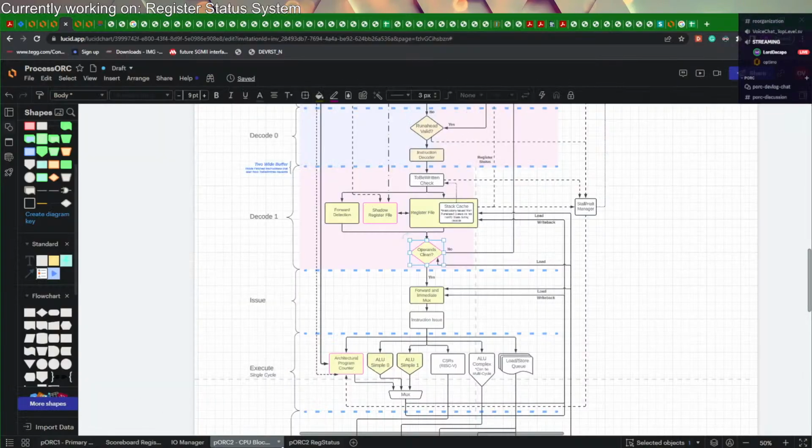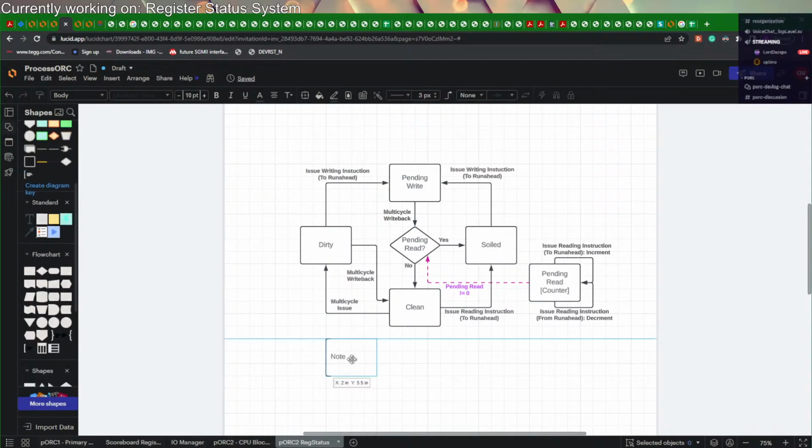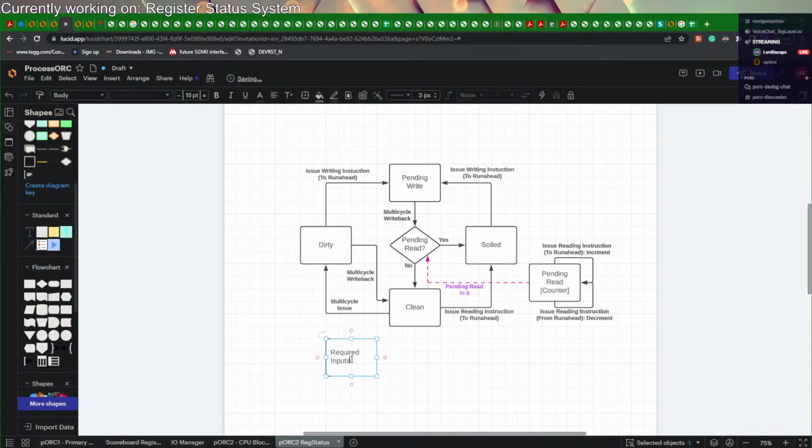Let me try and go through this design a little bit more smartly. So I'm gonna make a list of all the inputs and outputs we need. Required inputs.